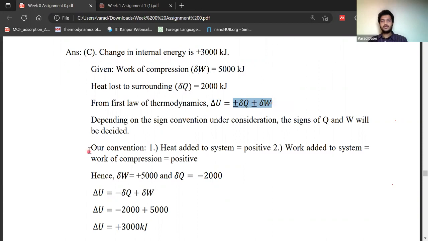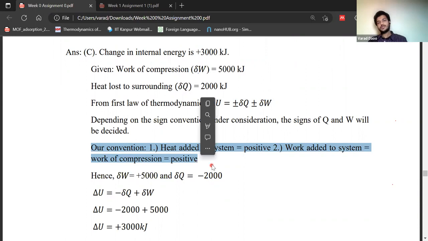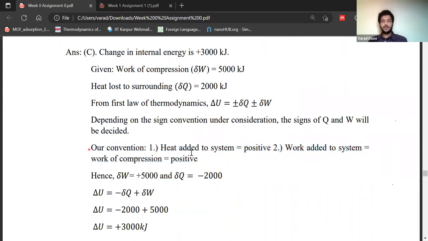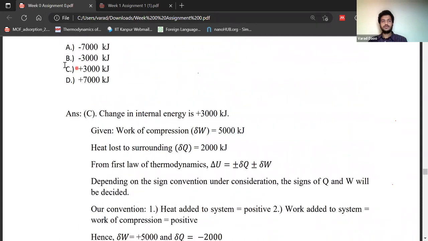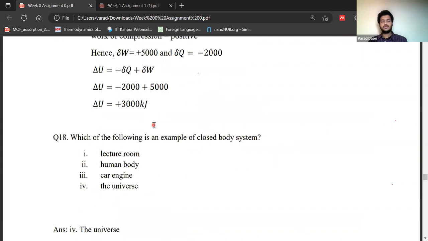Remember to take convention into account. This is the convention which is followed in most of the textbooks, and we are going to also follow this convention. As long as you use this formula of first law and you are able to give correct convention, we will have correct answer, right? 3000 kilojoule, option C. Anybody has any question?